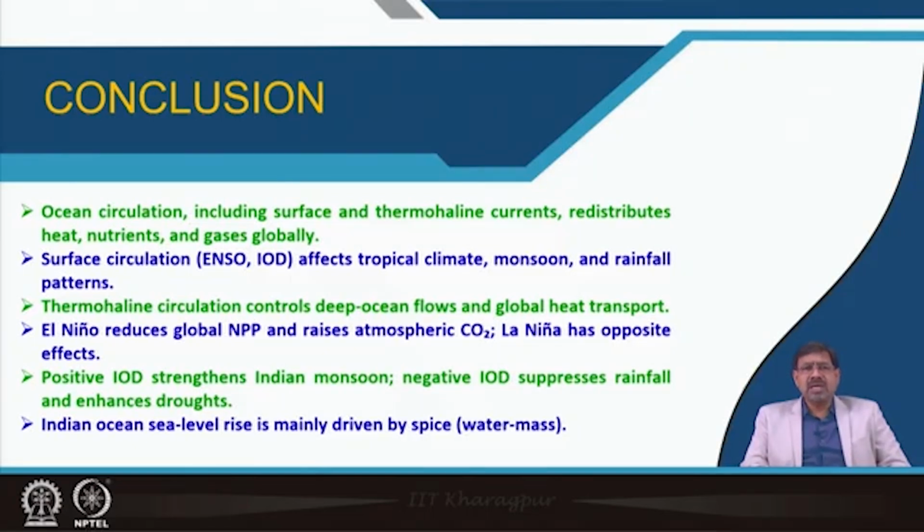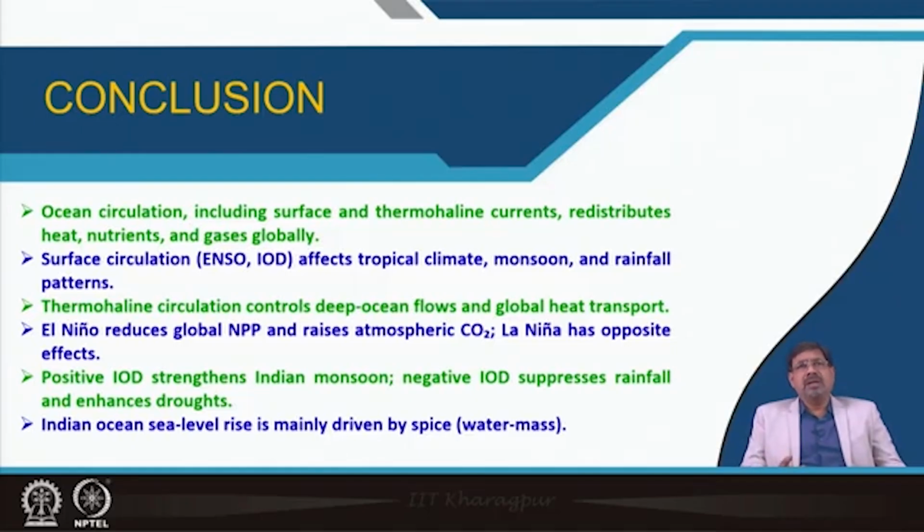El Nino reduces the global NPP and raises atmospheric carbon dioxide, whereas La Nina has the opposite impact. As we discussed, in South Asia and Australia, because of El Nino we receive drought, and because of La Nina we receive more than normal monsoon, sometimes leading to flood in Australia and the South Asian region.